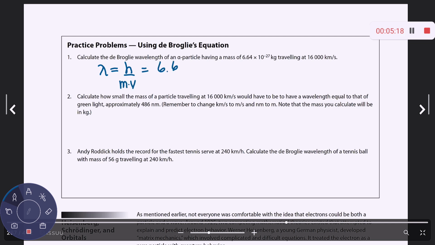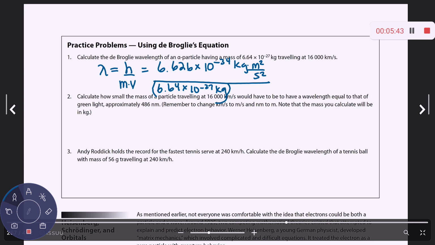So 6.626 times 10 to the negative 34 kilogram times meter squared per second squared, all over the mass times the velocity. Now, your velocity needs to be in meters per second so that it can cancel with the units in Planck's constant.